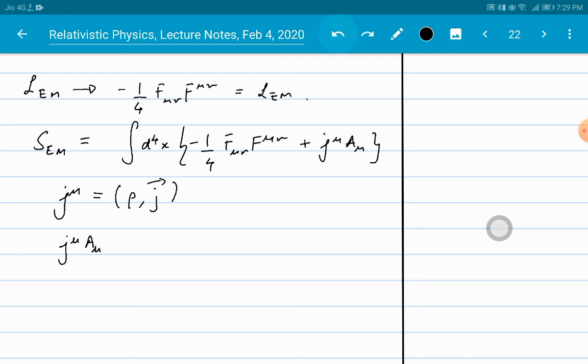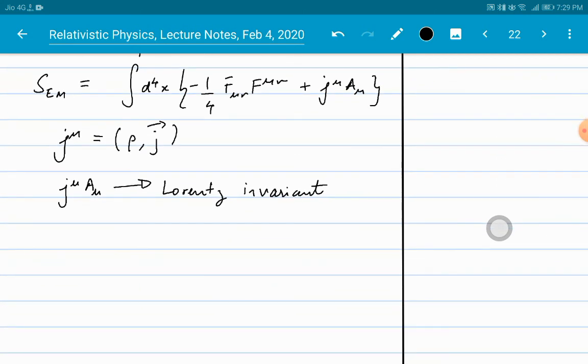Because, well, first of all, this term, as is clear, is Lorentz invariant. One can see that it's just a contraction between 2 4 vectors, so that is a scalar, so that is a Lorentz invariant object.